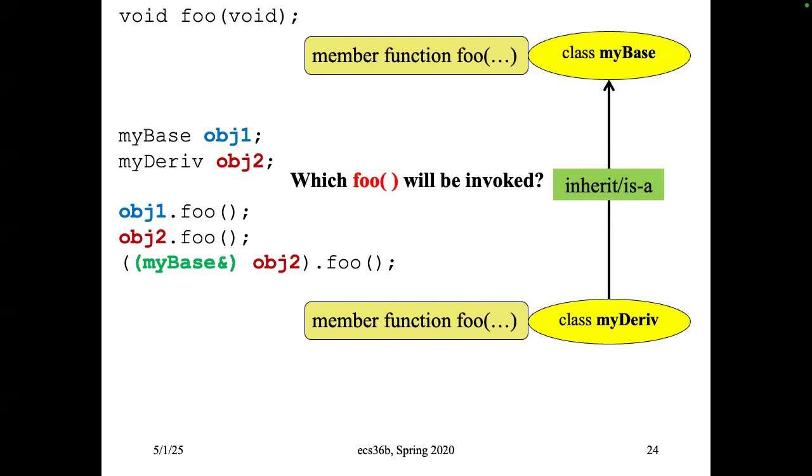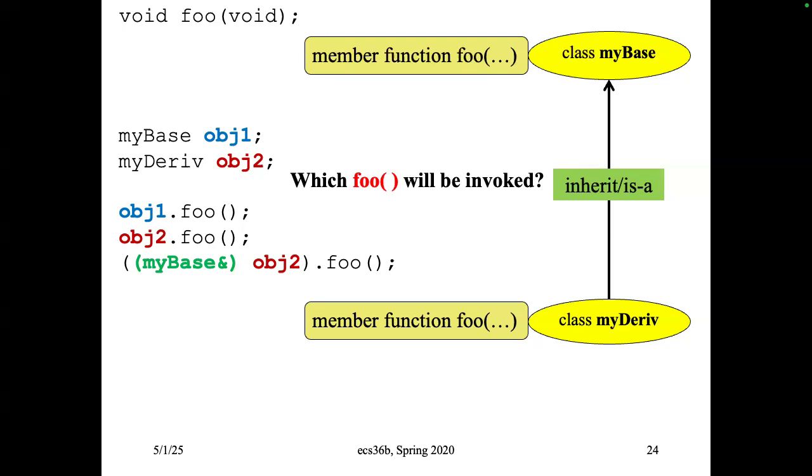And now I'm doing this: I take object2 and then I cast it with my base. So what is object2? Well, object2 is of class my derive. And then I cast it and call .foo. Okay, the other thing I forgot to clarify is that for this foo function, I have a foo implementation through my base.